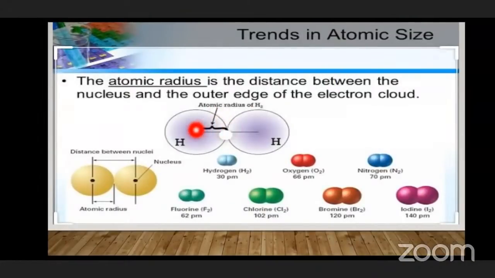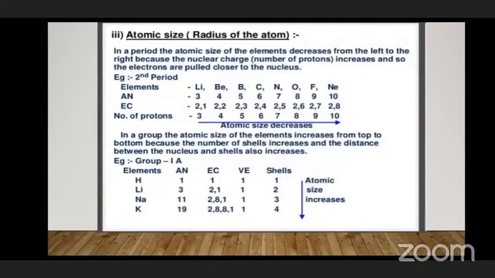Because the positive charge is increasing, the electron cloud will be present closer. When it is pulled towards the nucleus, the last shell moves somewhat closer to the nucleus. That means the size is reduced by increasing the atomic number. So because of that, from left to right, the atomic size of the elements reduces.